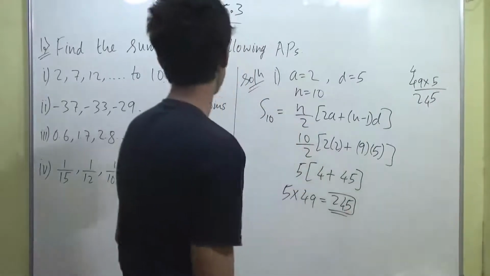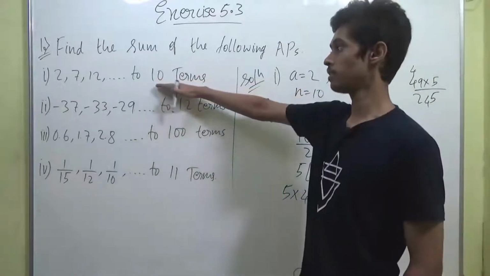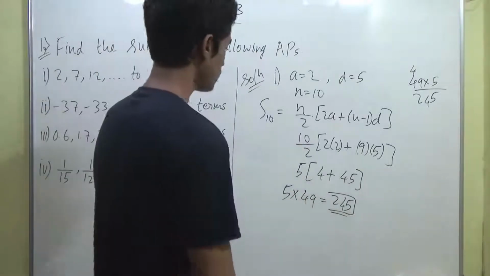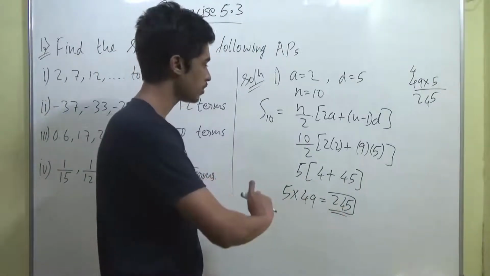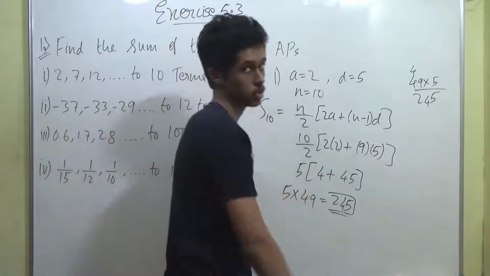So this is the answer guys. The sum of the first 10 terms of this AP is 245. You can conclude it by writing it in a sentence in your exam: the sum of the first 10 terms of the AP is 245.